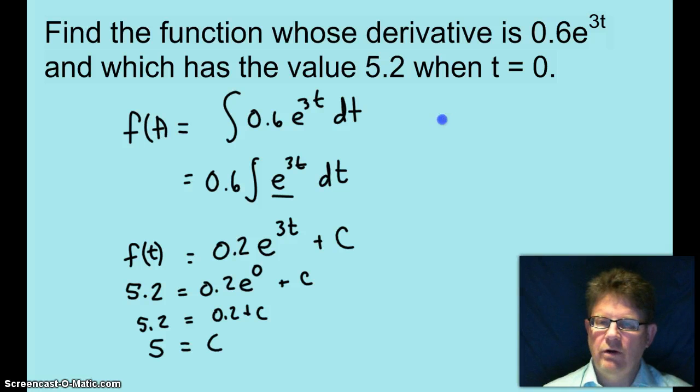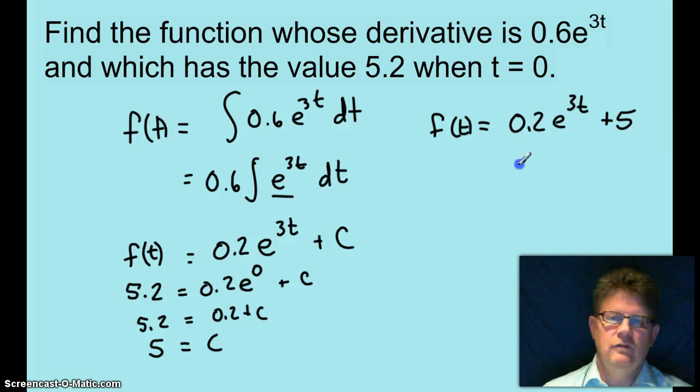So our f of t is going to equal 0.2 e to the 3t plus 5. Hey, this is kind of fun. And the last example, well, you know I have to put a trig example in there, and here it comes.